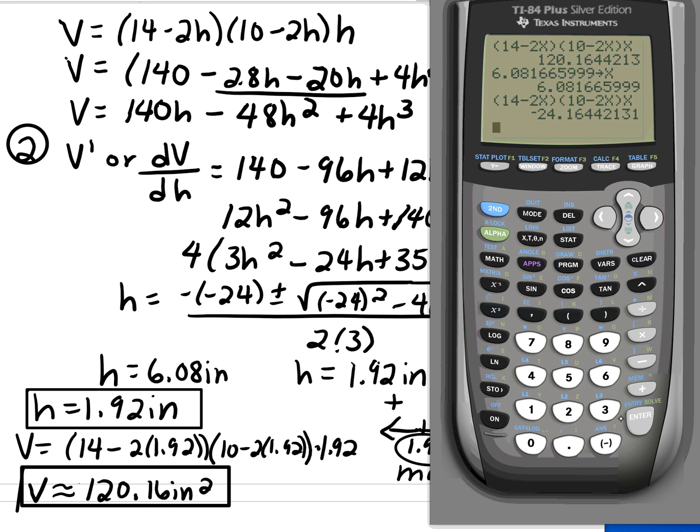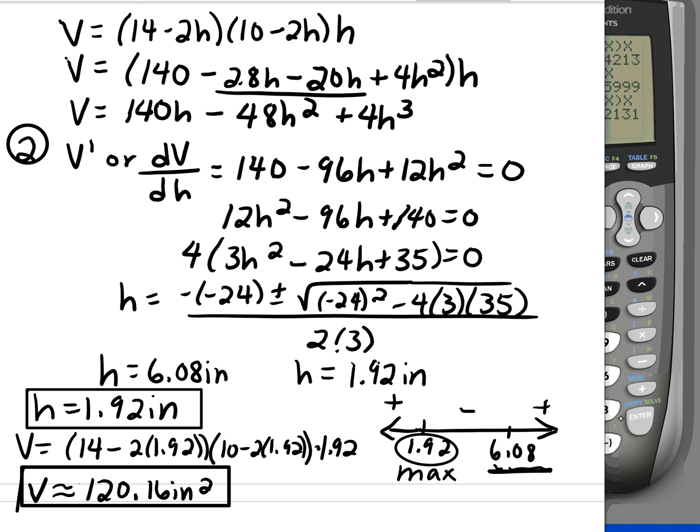So if you didn't do your checking with your number line, you could check by plugging it in and take the answer that matches up with the maximum. So the 1.92 inches would give you the maximum volume, and the 120.16 inches, I actually wrote squared. Since we're doing volume, this should be cubed because we have 3 dimensions.